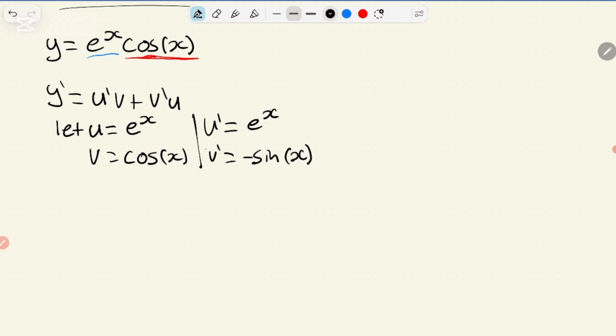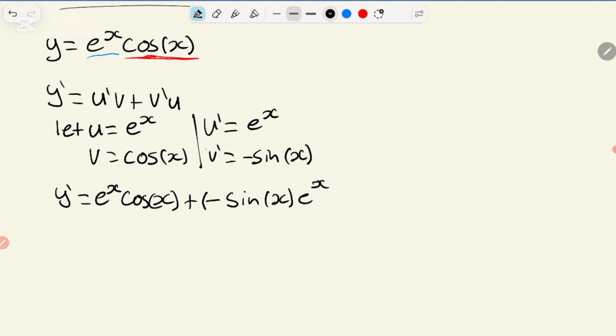All right, now we've got everything we need to put it together. So y dash equals u dash, which is e to the x, multiplied by v, cos of x, plus v dash, which is negative sine of x, multiplied by u, which is also e to the x.